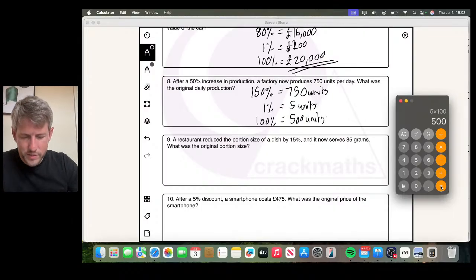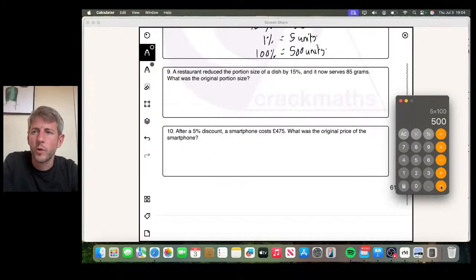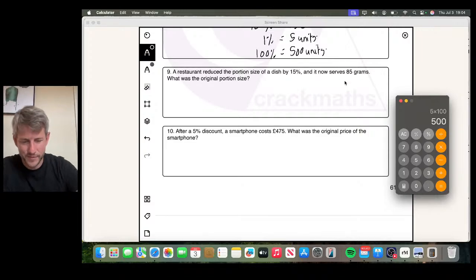Okay, right, question 9. Question 9 says, a restaurant reduced the portion size of a dish by 15%, and it now serves 85 grams. What was the original portion size? Okay, yeah, that's fine.